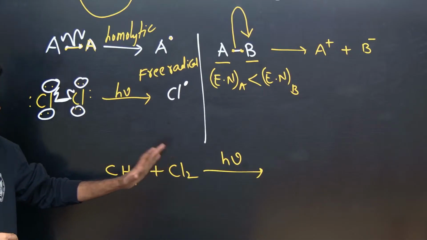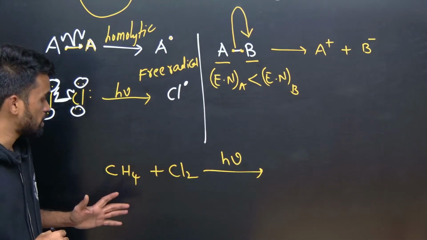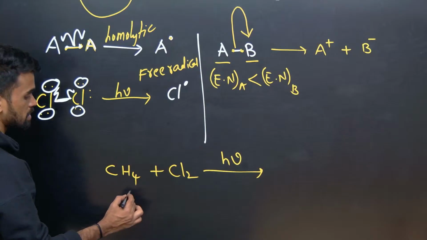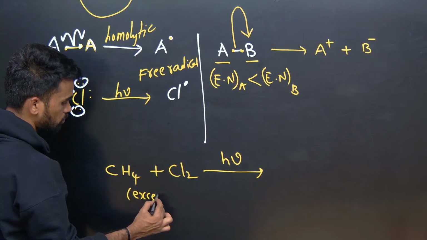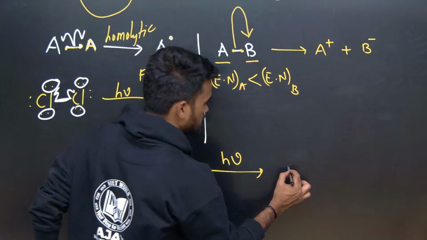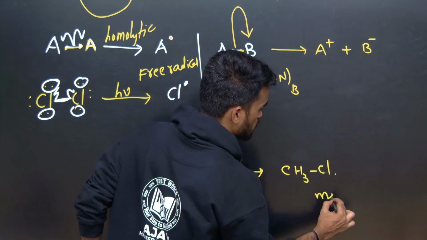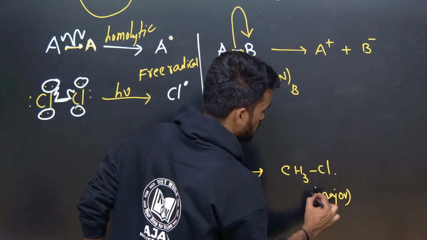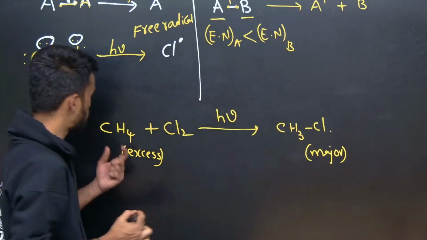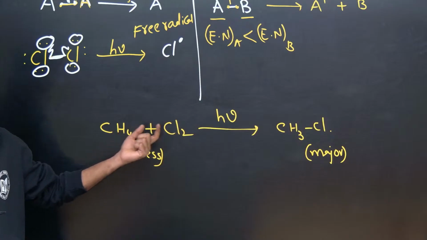Whenever we take chlorine in excess, we will get CH3Cl as the major product, and other byproducts will also be there, depending upon the quantity we take.